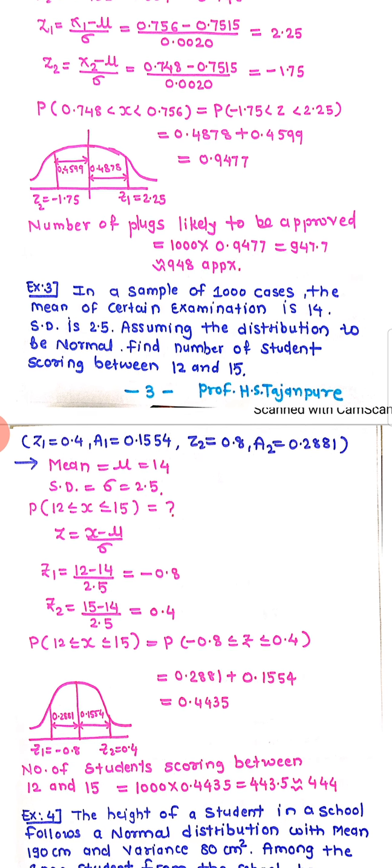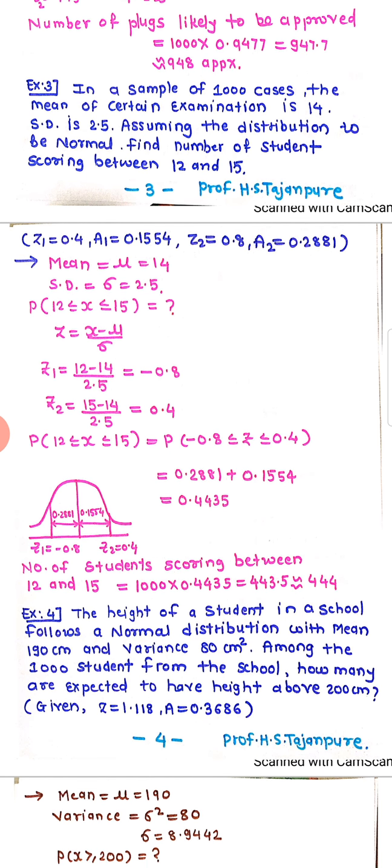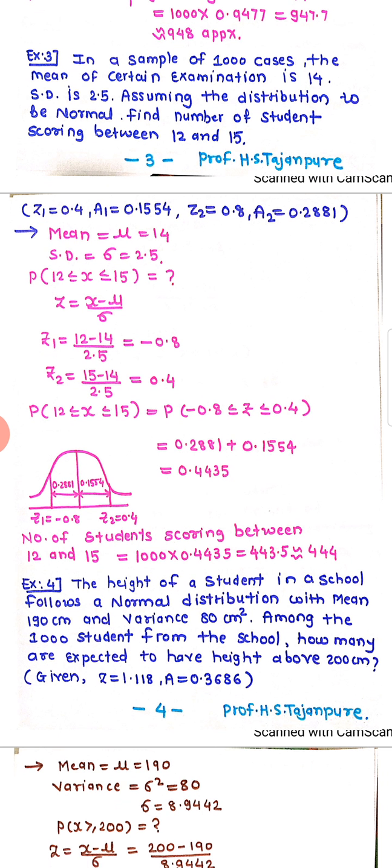So now let us move toward the next example, number 3. Third example: in a sample of 1000 cases, the mean of a certain examination is 14, standard deviation is 2.5.